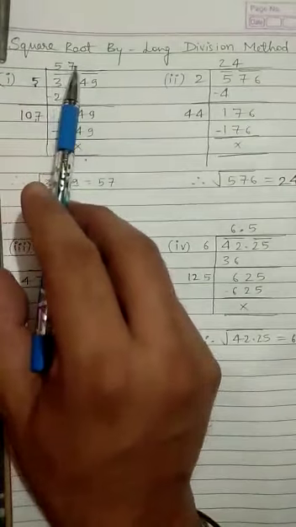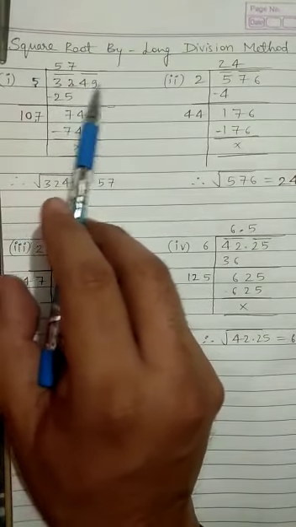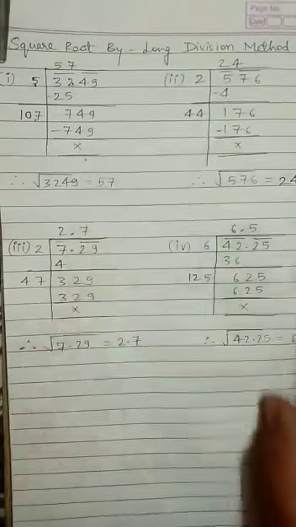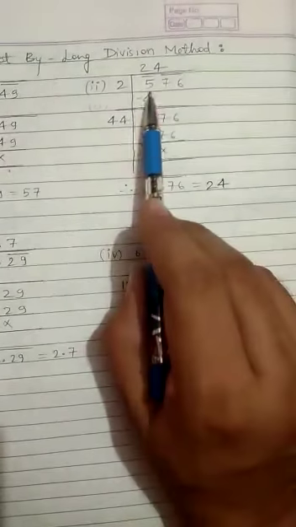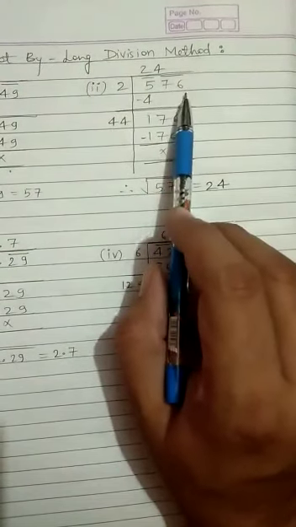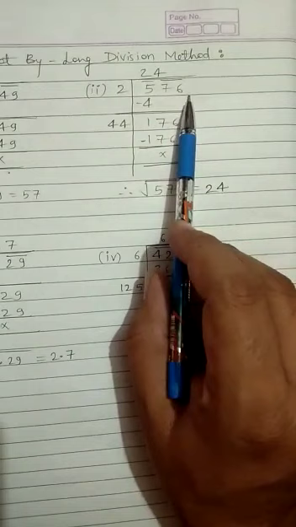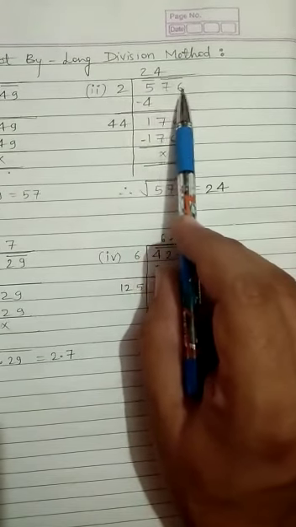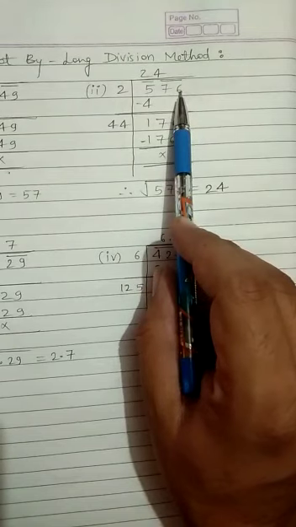So 57 is the square root of 3249. Another number having 3 digits, 576. Now see, this number is having 3 digits. Starting from the right, moving to the left, we have made one pair, that is 76.